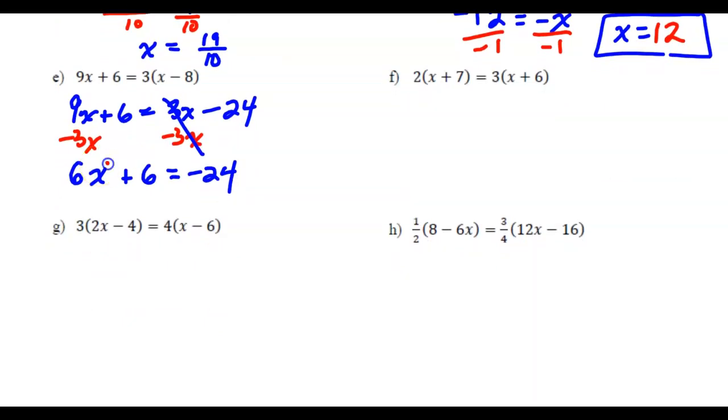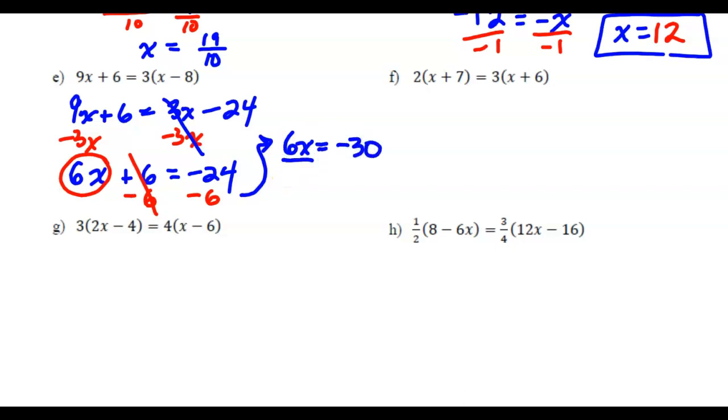And I want to get the x by itself, so I've got to subtract 6. I'm running out of space, so I'll just move it to the right. That goes to 0. So now 6x equals negative 24 minus 6, which is negative 30.